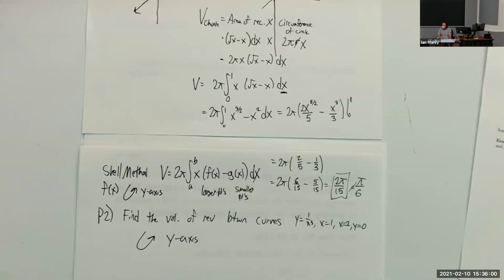Bianca, it's whichever one's larger for the shell method. F of x be the 1 over x cubed?